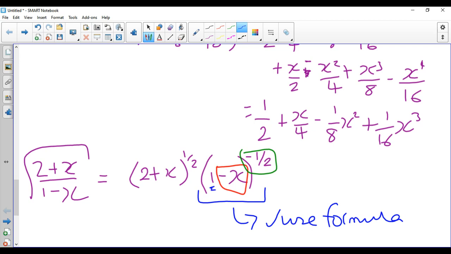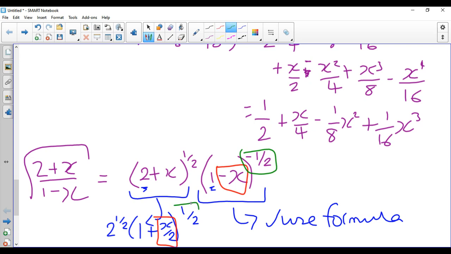For the first one, you've got to deal with that 2. So 2 to the half, 1 plus x over 2 to the half. So you will be dealing with x over 2 and a half as your n. And you're going to need to do your binomial expansion for both of those and then multiply them out.